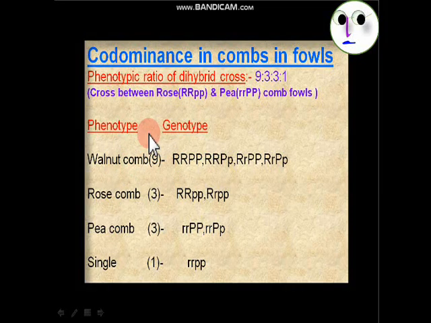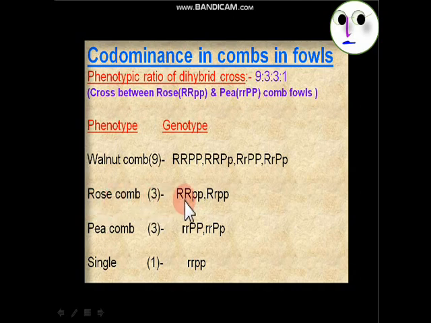Walnut comb fowl is represented by RRPP, RRPp, RrPP, RrPp. If you draw the Punnett board, you can get all these 9 walnut combs, you just have to practice.